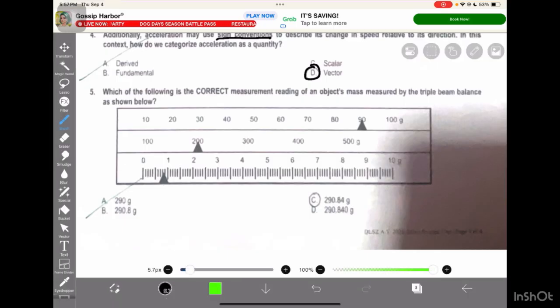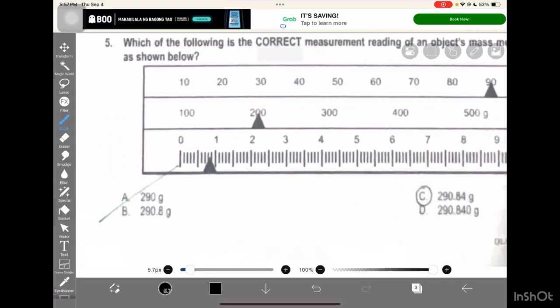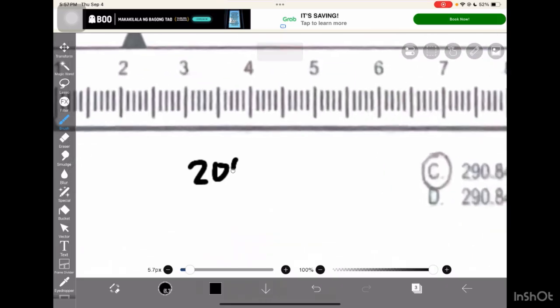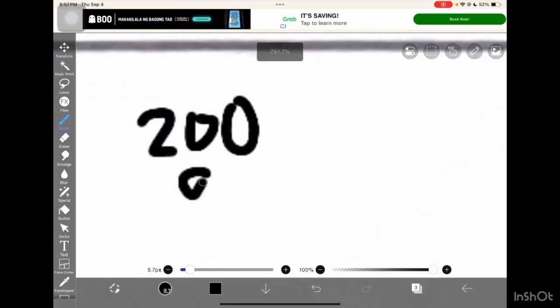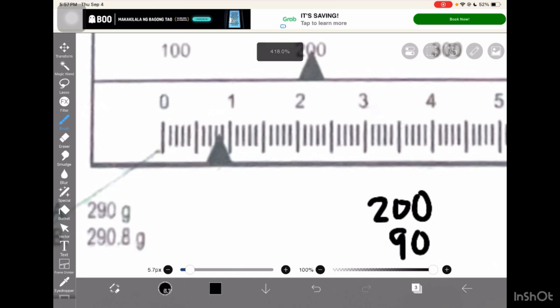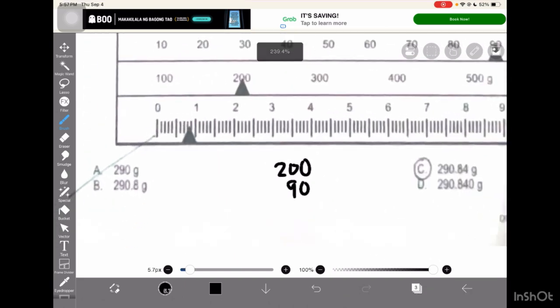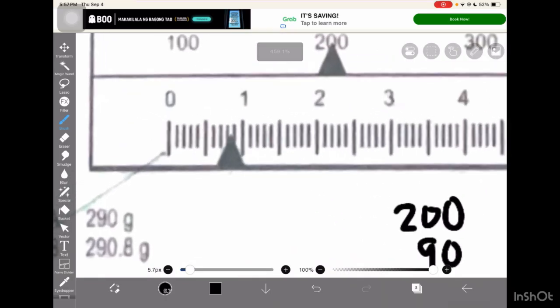So let's see. First and foremost, we have 200 grams. So let's add 200 to our list. Next, we also have 90 grams. So let's add 90. Now, zooming in, we can tell that this scale is by tenth, a tenth of a gram.